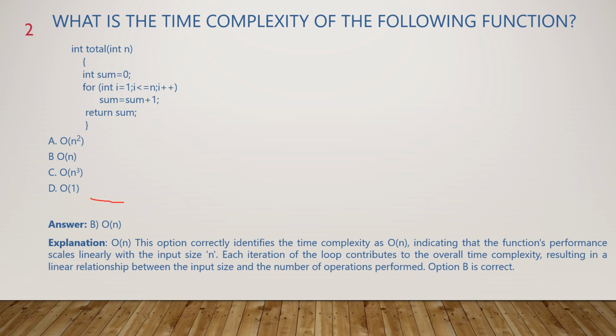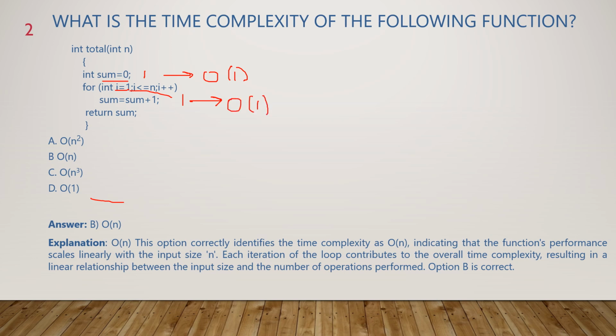The analysis here: the function name is total. Then in the body, sum = 0 operates in 1 unit, and this is O(1). The other one is the for loop. In this for loop, the initialization operates 1 time, so O(1) running time.